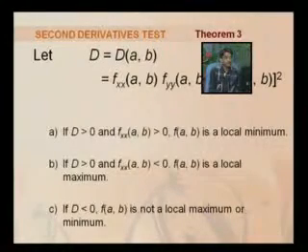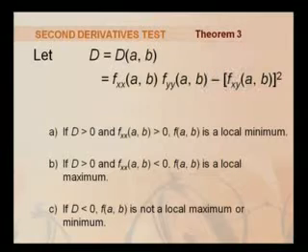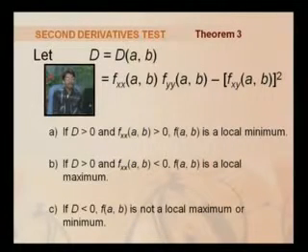Then let D equal D(a, b), defined by fxx at the point (a, b) times fyy at the point (a, b) minus fxy at the point (a, b) whole squared.